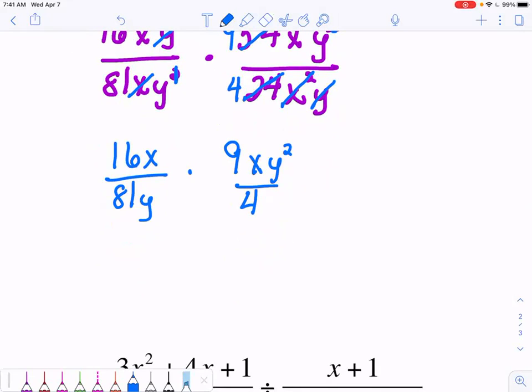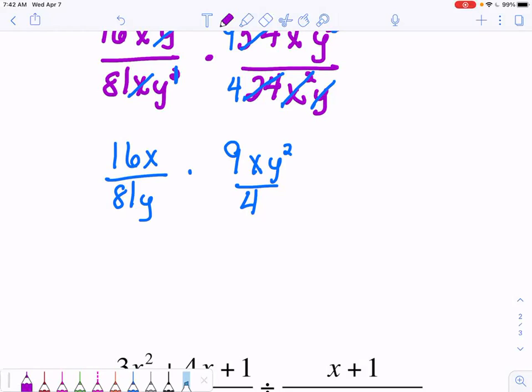When you reduce, not only do you reduce vertically, but you can cross reduce or cross simplify. So this 16 and the 4. 16 is in the numerator. Even though the 4 isn't in the same denominator, eventually these two fractions are going to become 1.